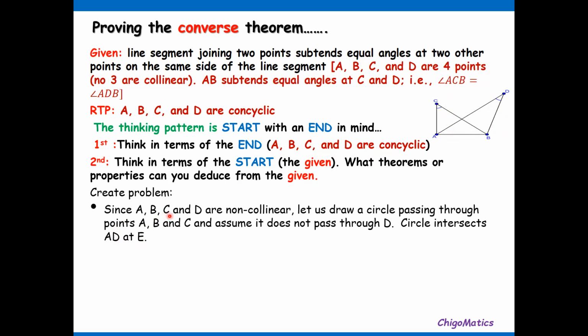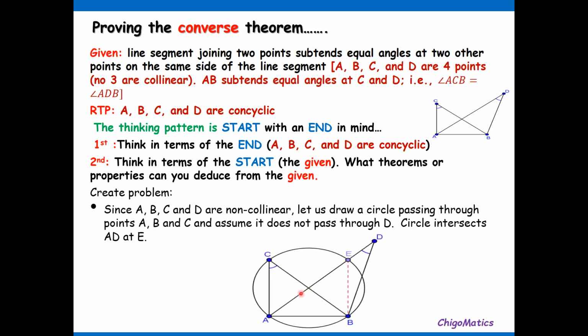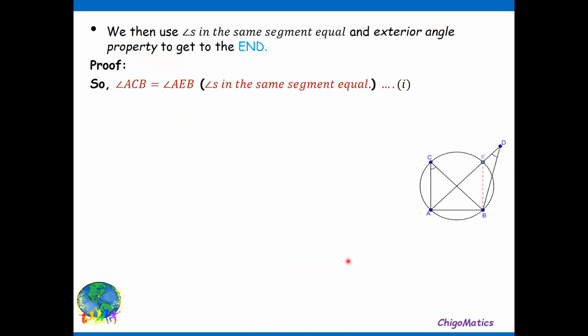Since A, B, C, and D are non-collinear, let us draw a circle passing through A, B, C, and assume it does not pass through D, right? This is the situation. The circle intersects AD at E. So A, B, C are on the circle, and we have assumed that the circle does not pass through D.